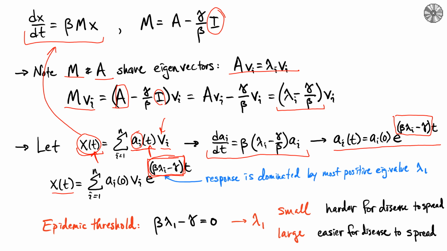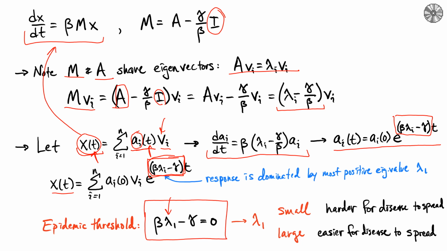It's going to be the one that has the biggest magnitude over time. And so if we call lambda 1 the largest of the positive eigenvalues, then this is the criterion for the epidemic threshold. So if this exponent is equal to 0, it just stays flat.